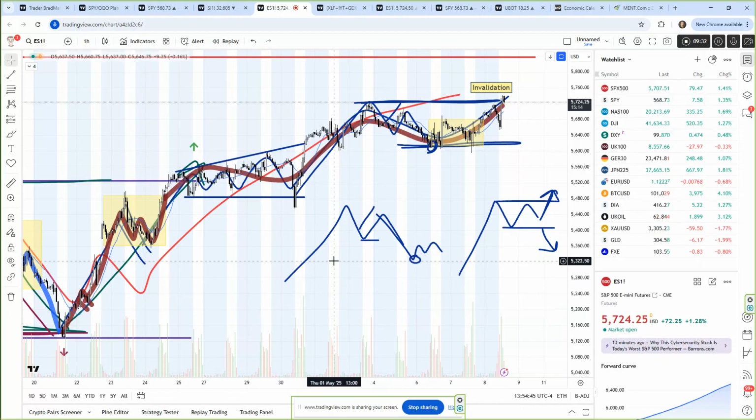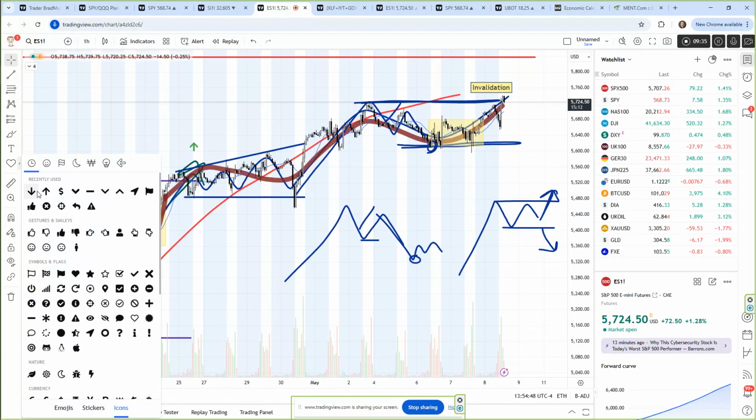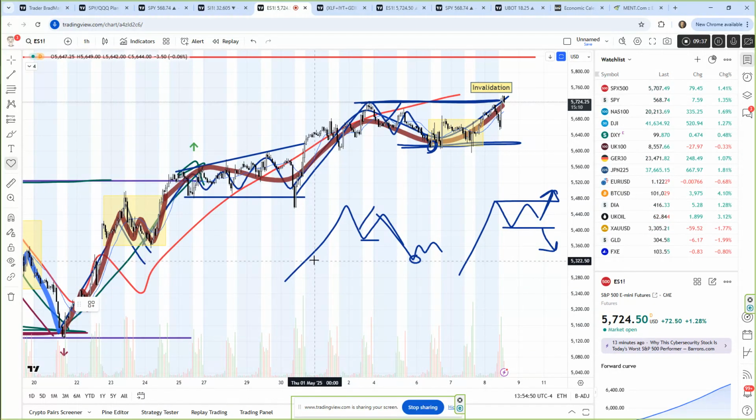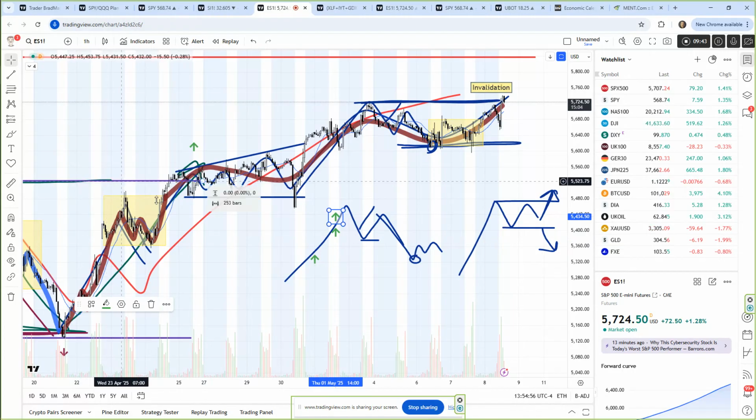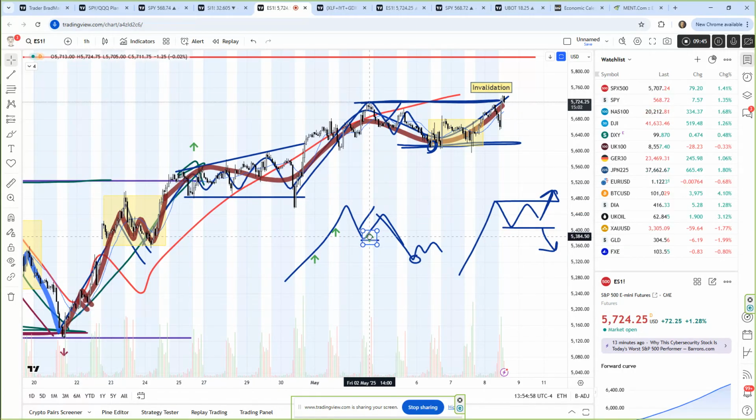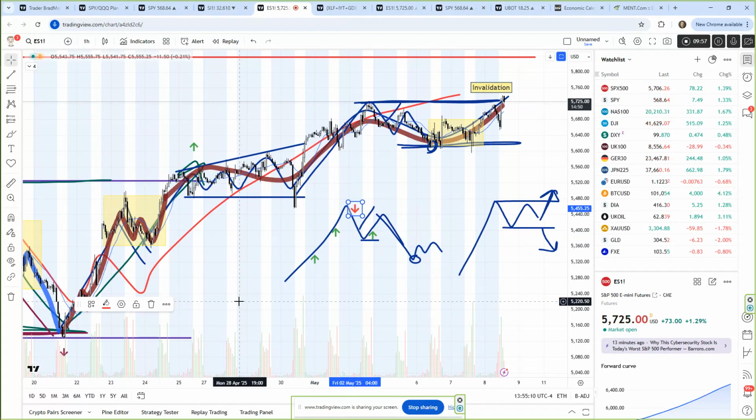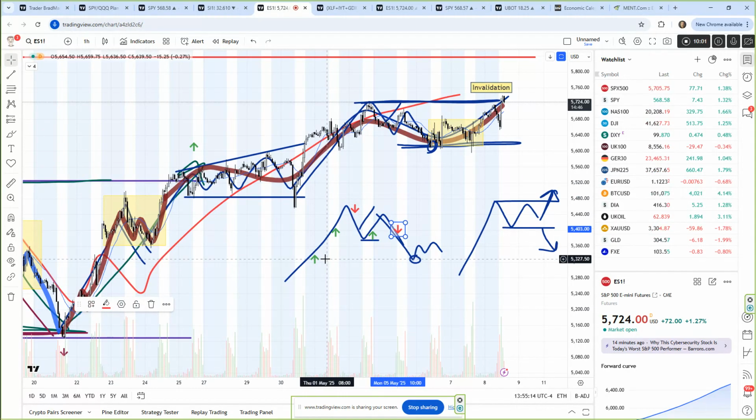Now, I want you to remember, in this example, this rally phase up is bullish all the way up. This flagging pattern is bullish all the way up. Okay, this pullback mode is bearish, and bearish as we break down.